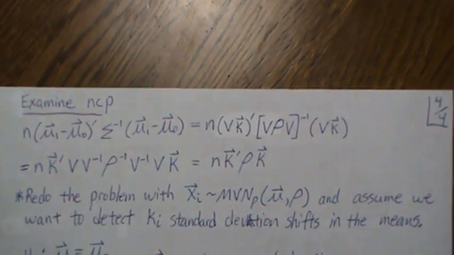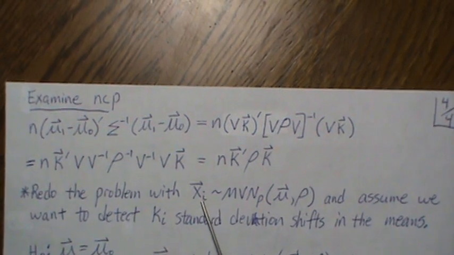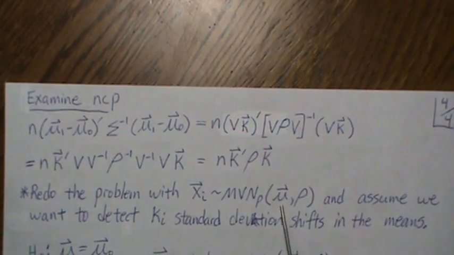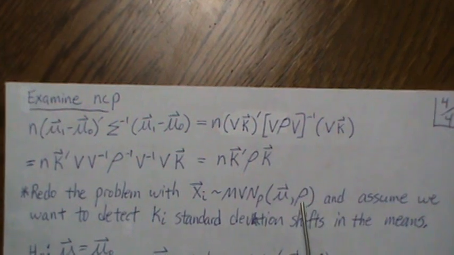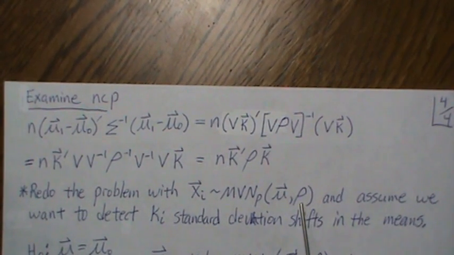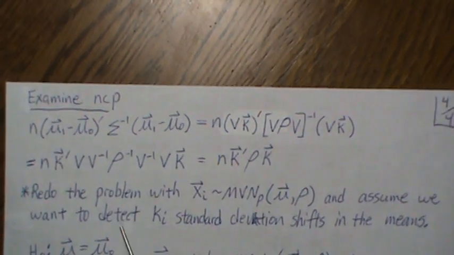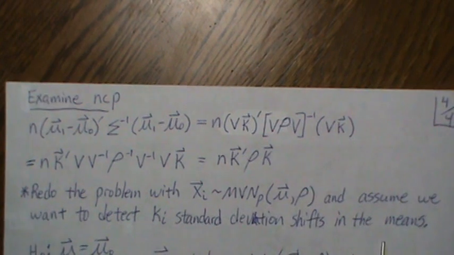So now let's redo the problem. Instead of saying that our data follows a multivariate normal with some mean vector and sigma, let's assume that the variances are 1, which makes sigma a correlation matrix. So let's assume we want to detect k_i standard deviation shifts in the mean.